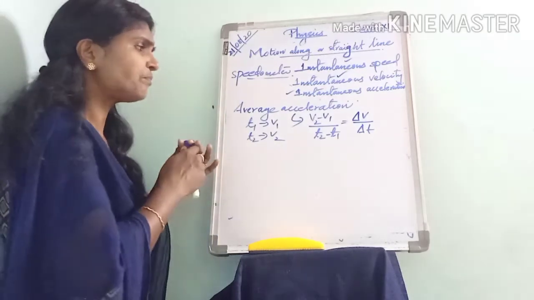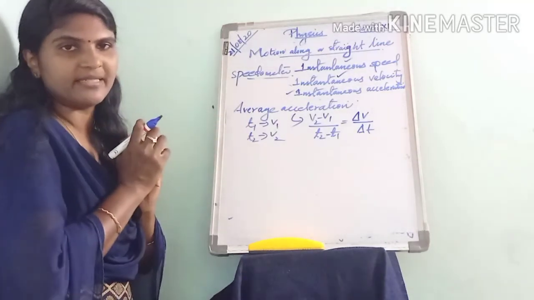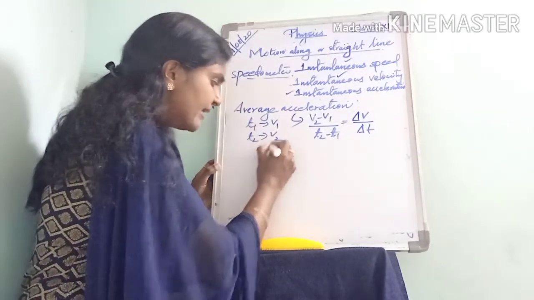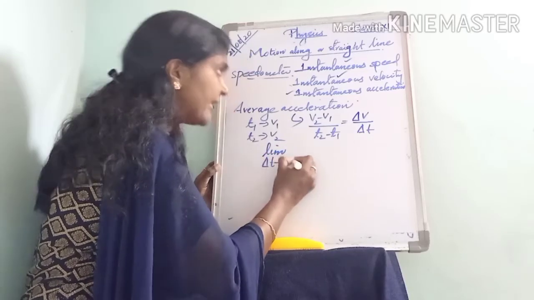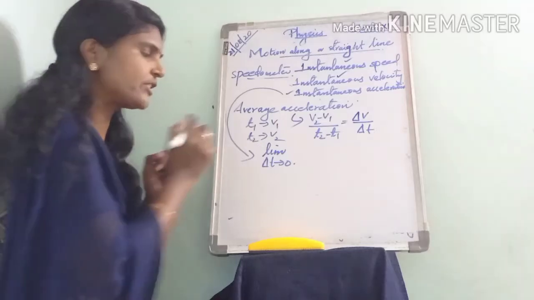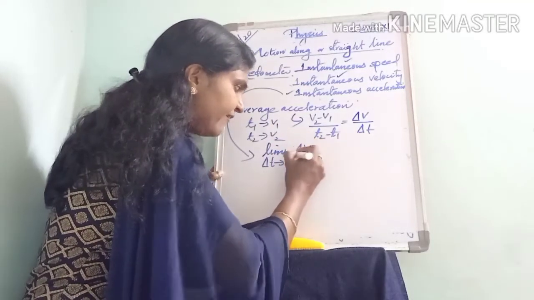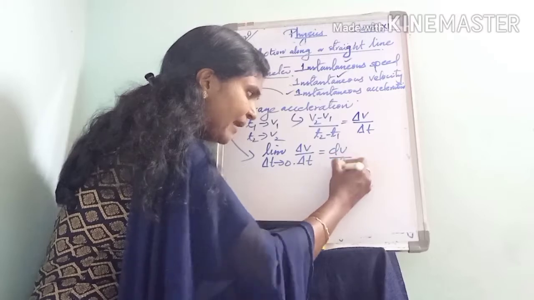Let's see how we can measure it. Here also we apply the limit. Limit delta t tends to 0, delta v divided by delta t, is equal to dv by dt.